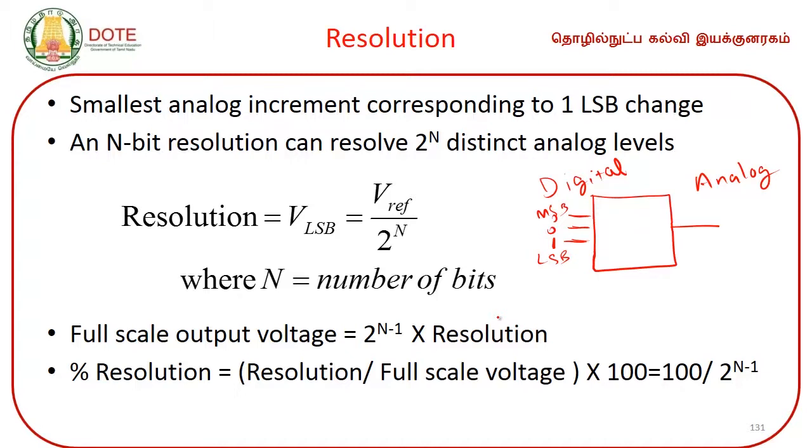It is also called step voltage. What is step voltage? At the input side we have digital binary input patterns. The binary inputs keep incrementing from the LSB towards the MSB.